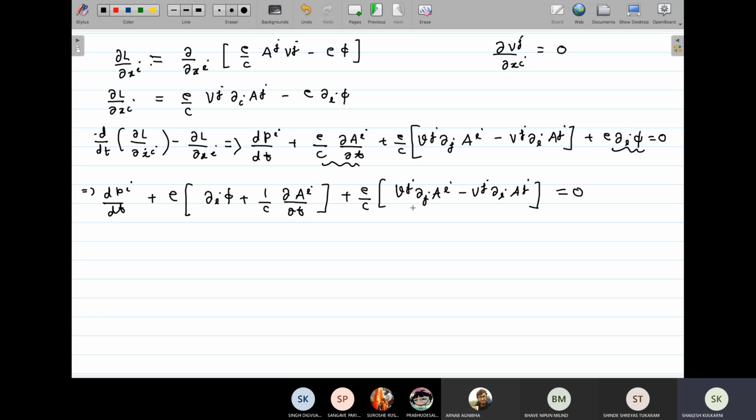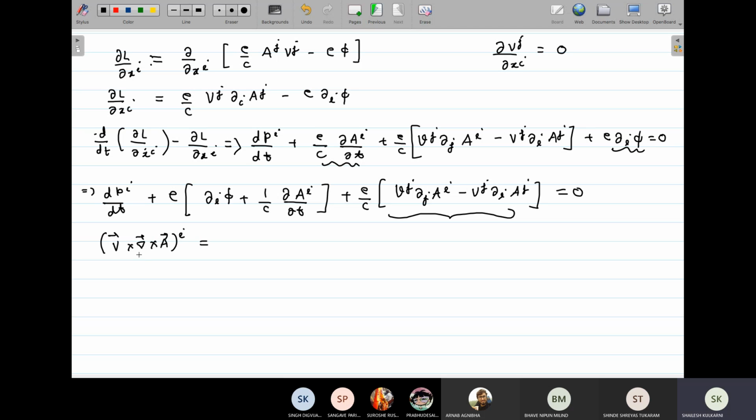Now let us concentrate on this term. Let us concentrate on this term. So this term one can actually write, let us consider v cross (del cross A) and its ith component.